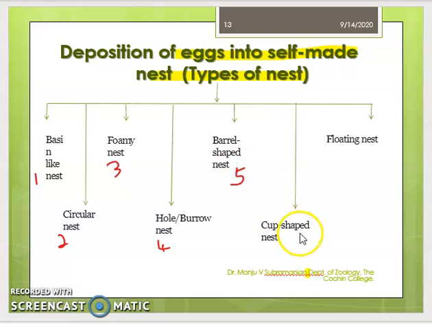The sixth is the cup-shaped nest, and at last there are the floating nests. So these are the 7 different types of nests produced by the fishes: basin-like, circular, foamy, burrow or hole nest, barrel-shaped nest, cup-shaped nest, and floating nest. Let's see them one by one in the coming slides.